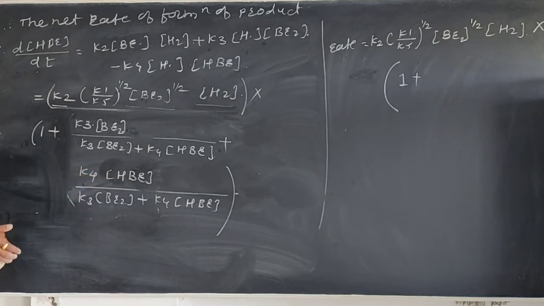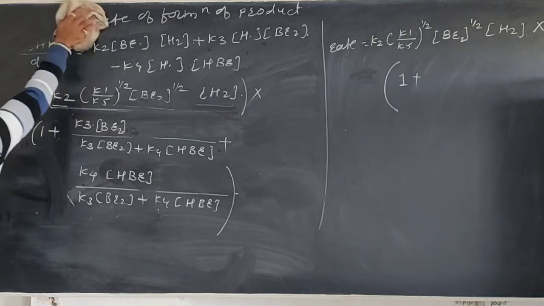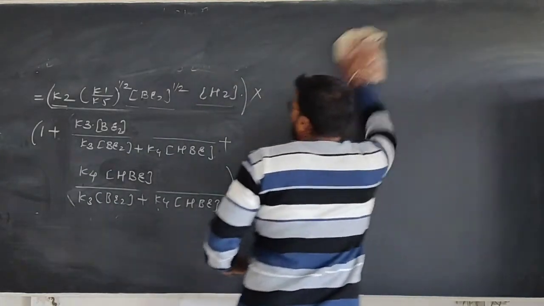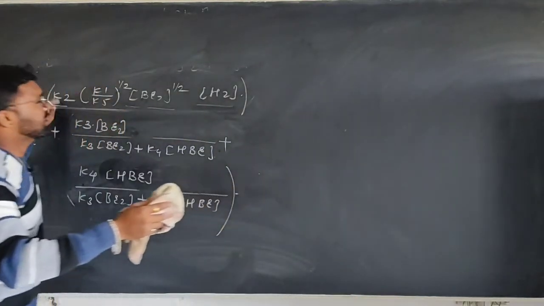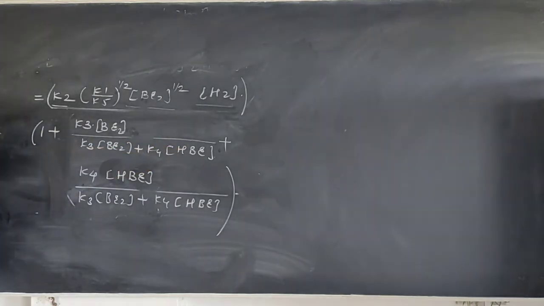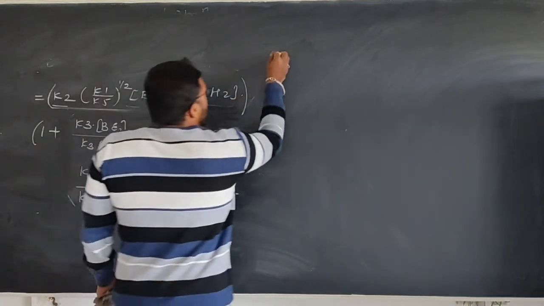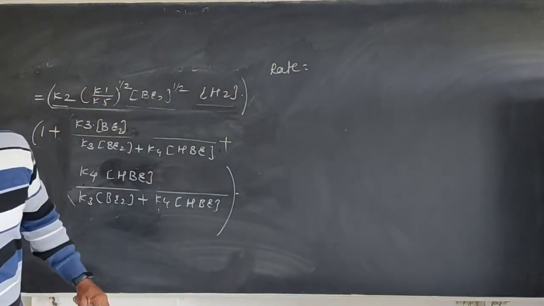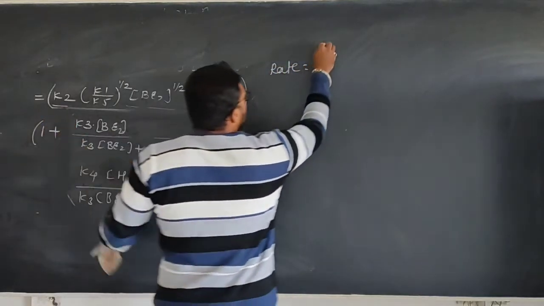Now you have to change this expression to obtain the final answer. Taking the common denominator in all terms, like making the denominators equal, right? Then the rate is equal to the common first expression.